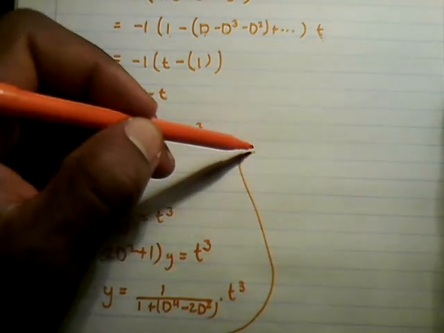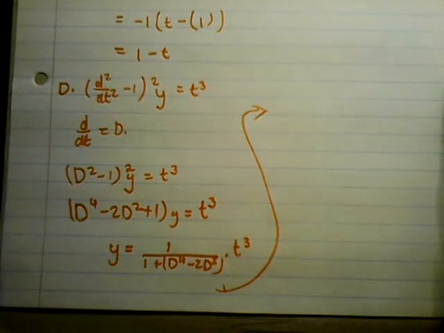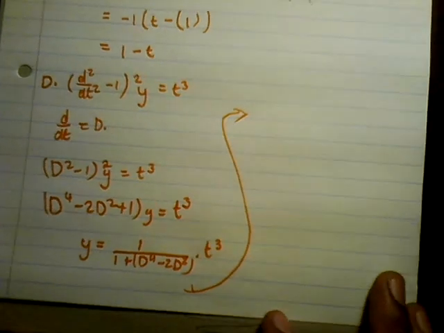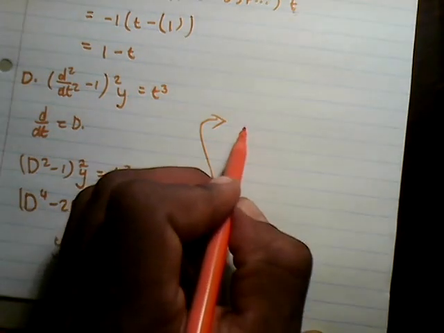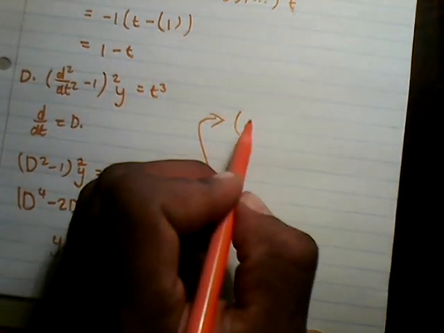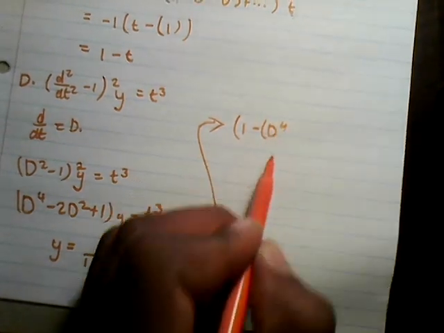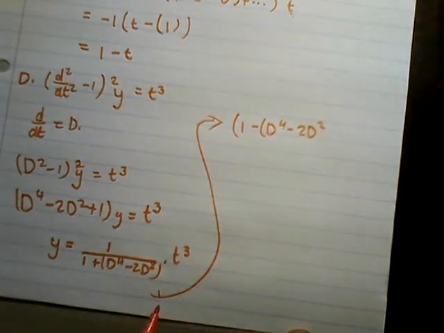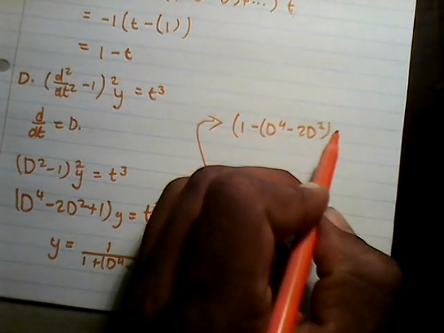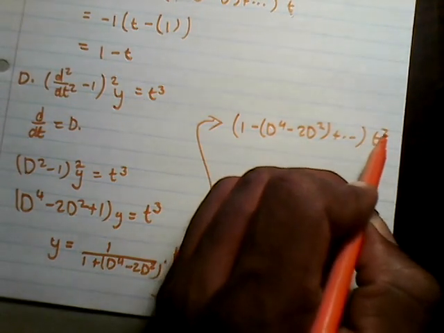From here we go there. Now we're going to do what we are famous for: 1 minus D to the power of 4 minus 2D squared, minus 2D squared, and then plus what follows, multiplied by t cubed.